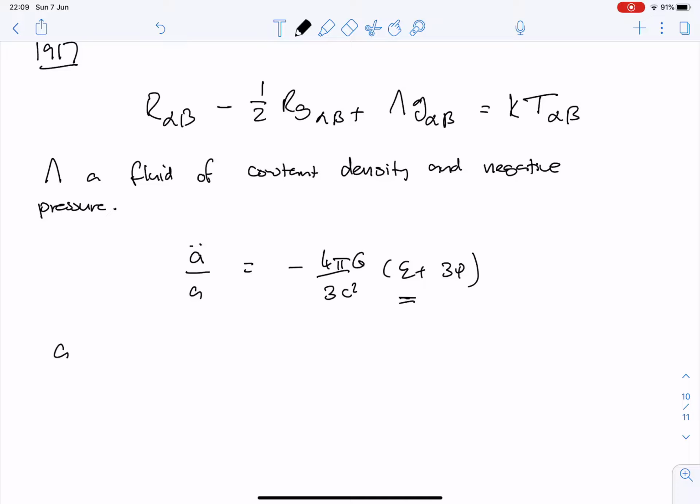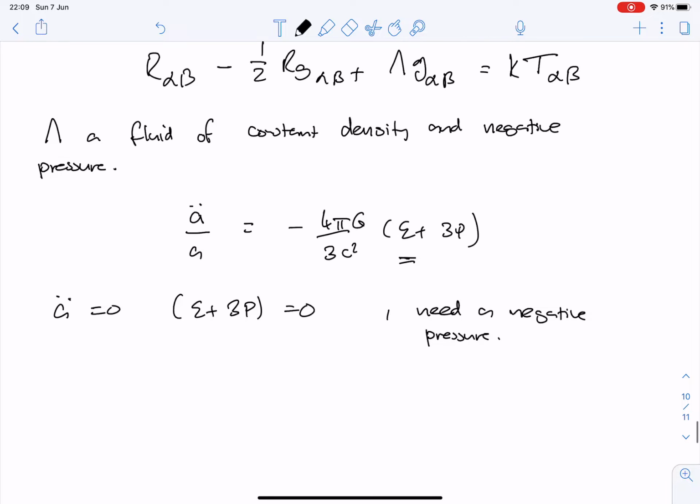So for ä equals 0, E plus 3p equals 0, and I have to have a negative pressure. And you think of a negative pressure as a tension, something that pulls it apart.